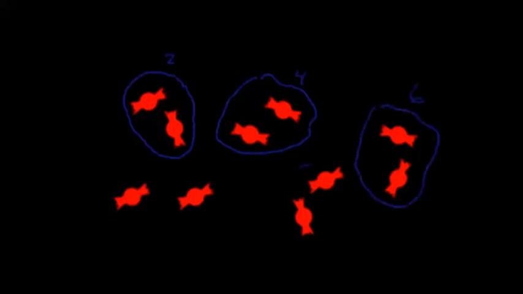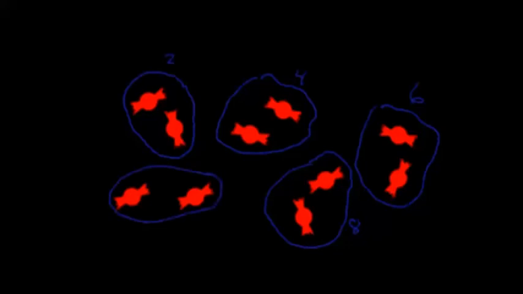So I count it out. 2, 4, 6, 8, 10. Yay, I could count it out by twos. So it's an even group because I could count them out by twos.